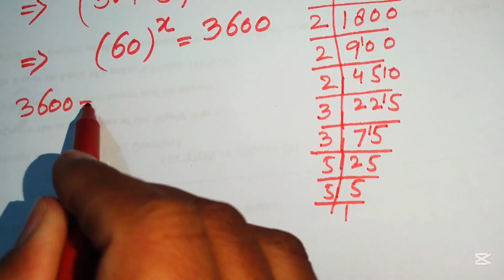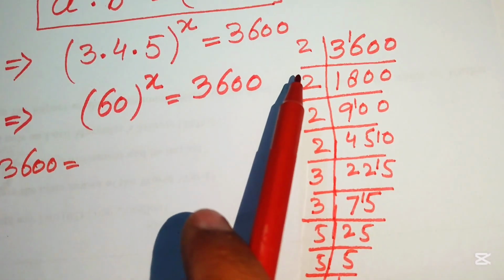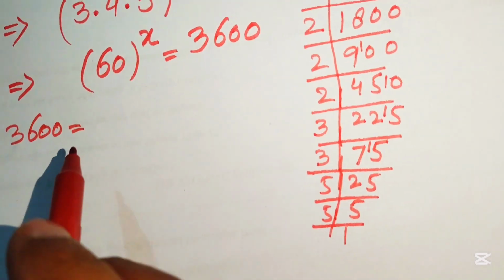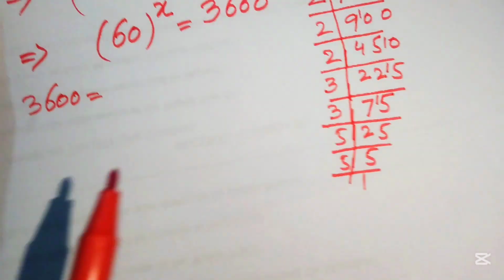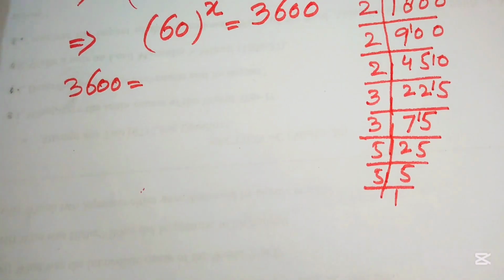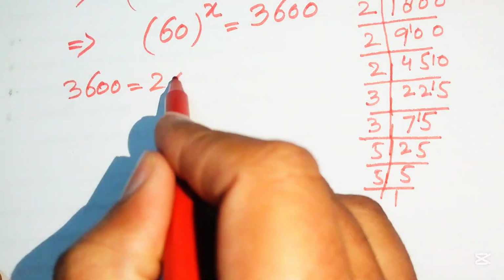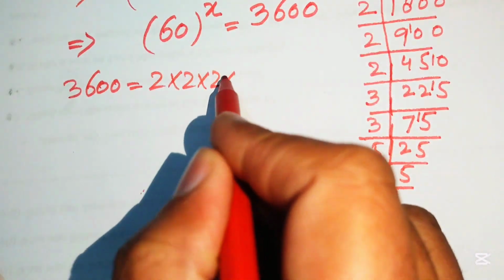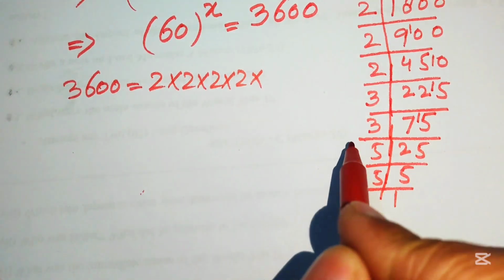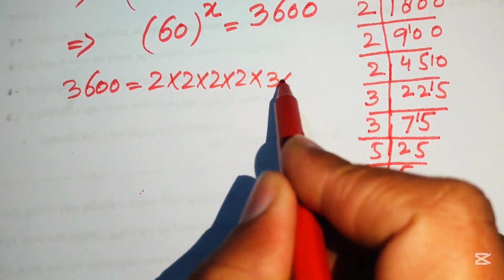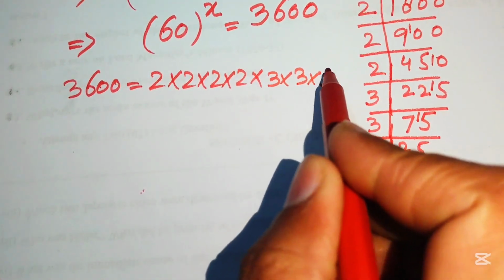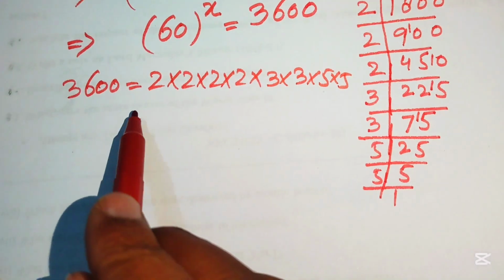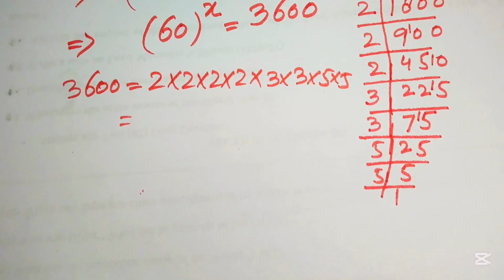So 3600 equals, here you see that we have four 2's multiplied by each other, so we write it as 2 times 2 times 2 times 2, multiplied by two 3's, 3 times 3, and 5 times 5. Now we multiply all of these numbers.